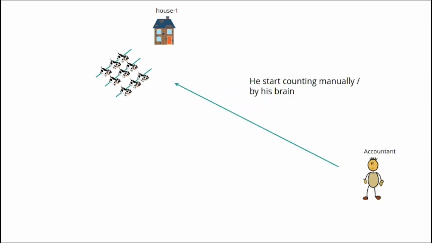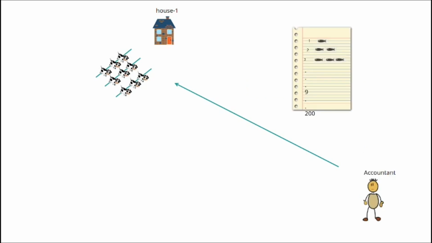Let's say he is an accountant and he goes to each house and starts counting manually by his brain. If he does like that, it takes lots of time and consumes more brain processing. So after some time he thought, why not make a database for that? So he takes a paper and writes some.